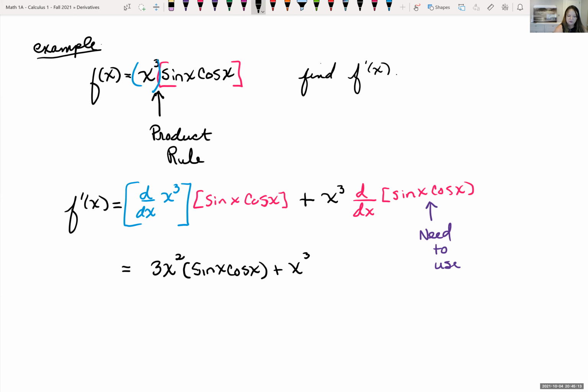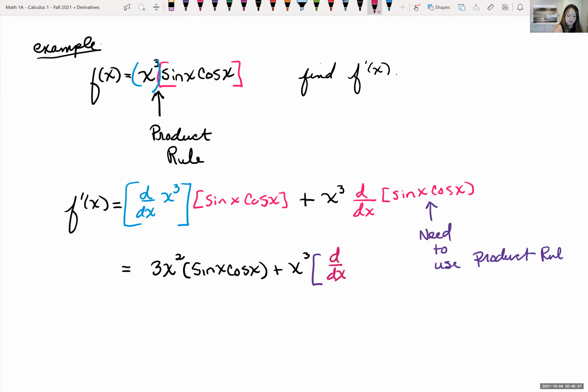But again, I need to use my product rule. And so derivative of the first, I know it's kind of tedious, but I think at first it's best that we do this.